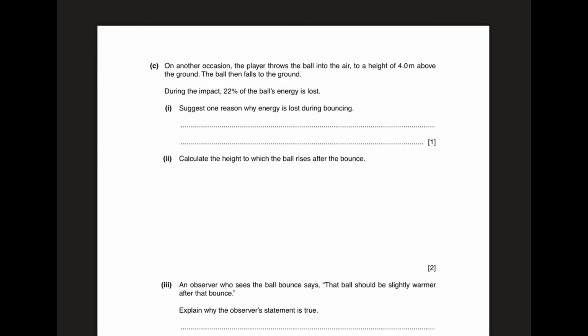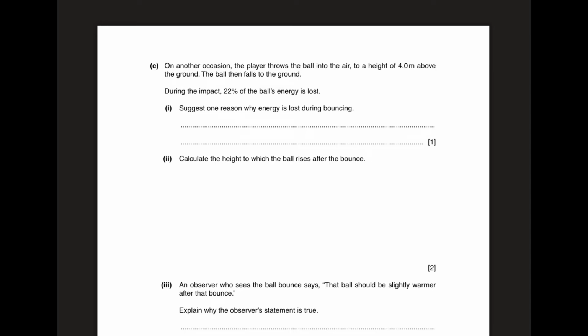Okay, so there are many possible answers that you can put for this case. For example, one of the easier ones is, when it bounces, you hear the sound, so it changes to sound energy. So that's why a certain part of the energy is lost as sound energy.